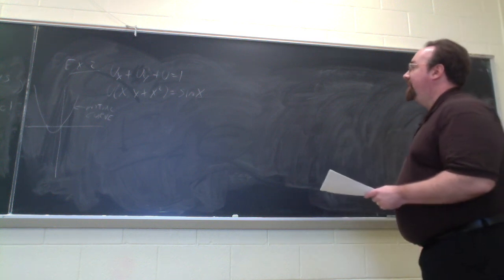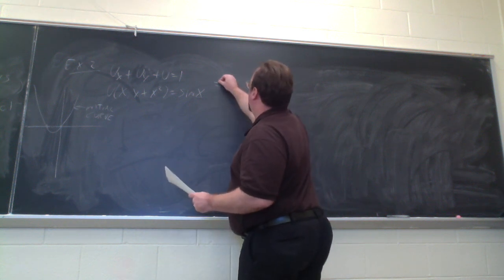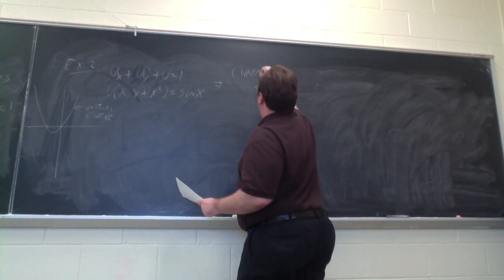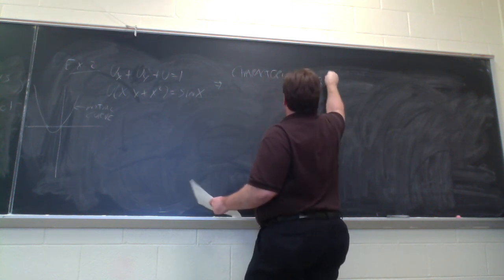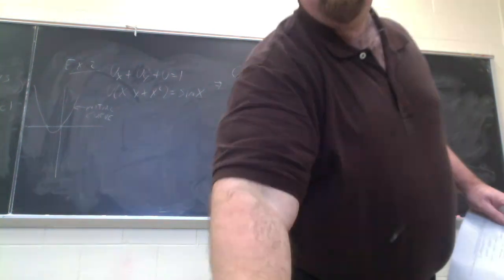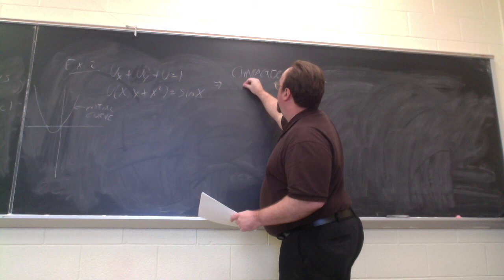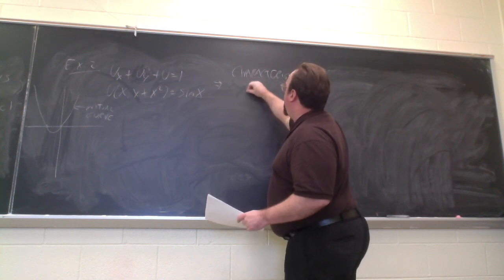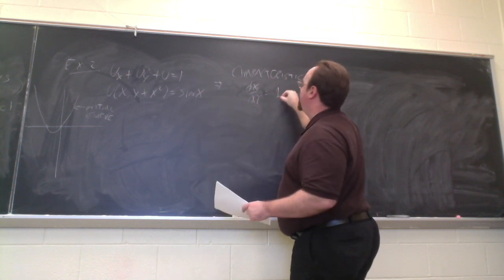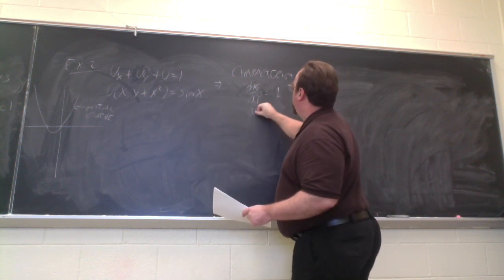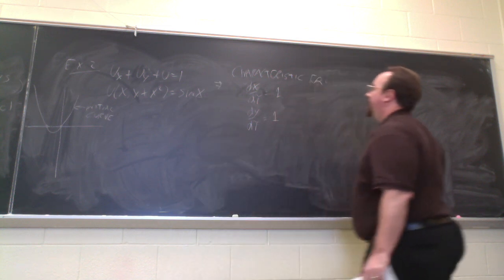Okay, so this leads to the characteristic equations. dx/d tau is equal to 1, the coefficient of u_x. dy/d tau is equal to 1, the coefficient of u_y.